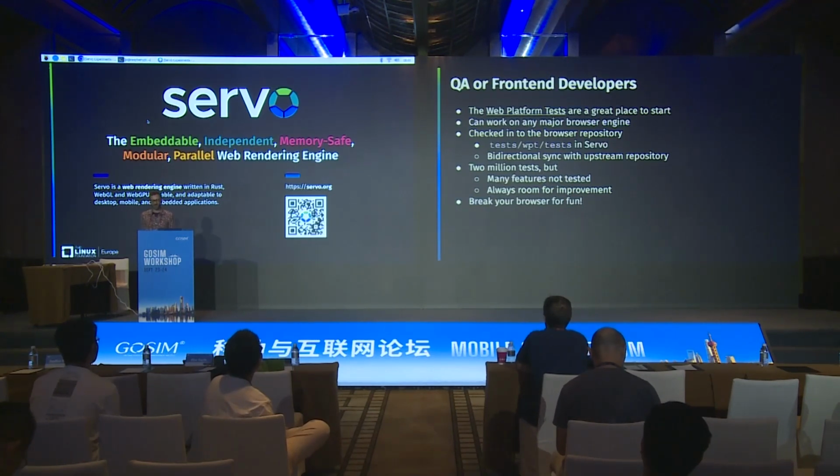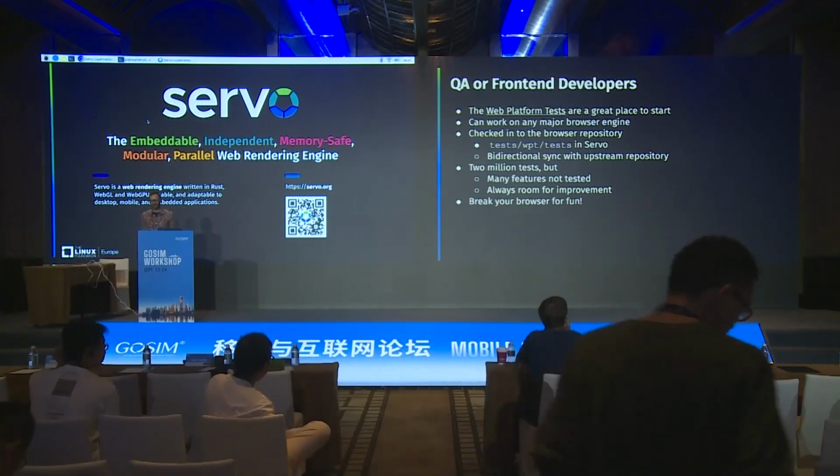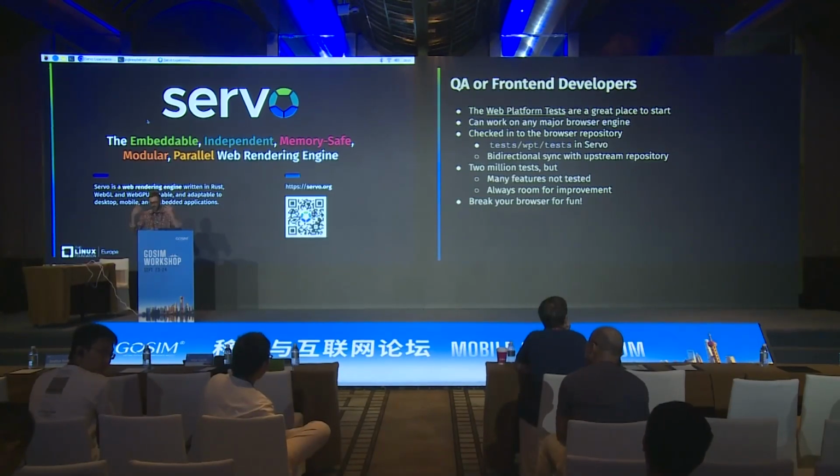There are 2 million tests, but there are still many features of the web that aren't tested, especially, let's say, legacy features, or the behavior of a new layout mode when combined with a specific feature of CSS2. These are all things that break between different browsers, and if you have the mind to think of these situations, then you'll be a great contributor to the web platform tests.